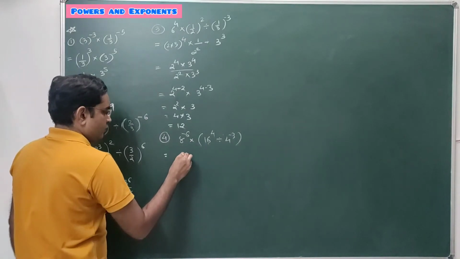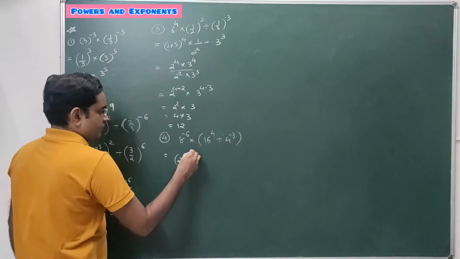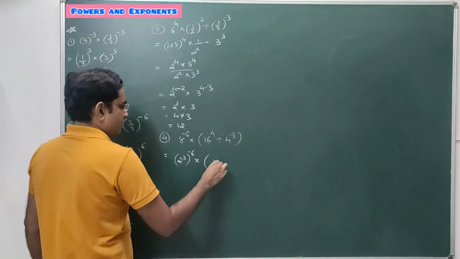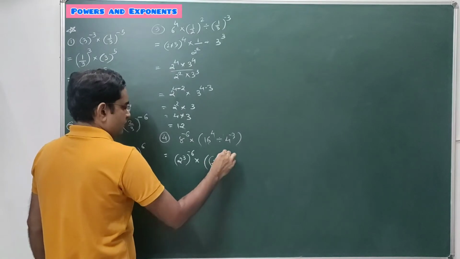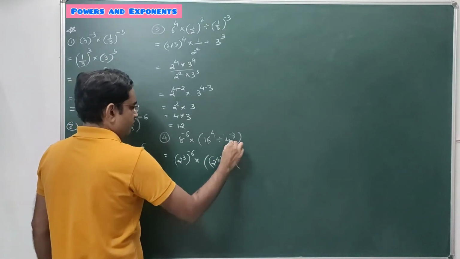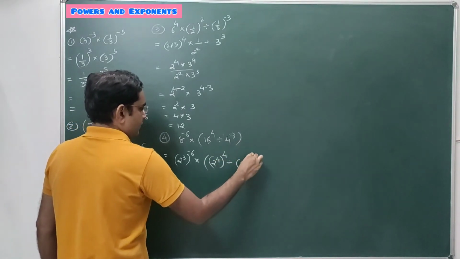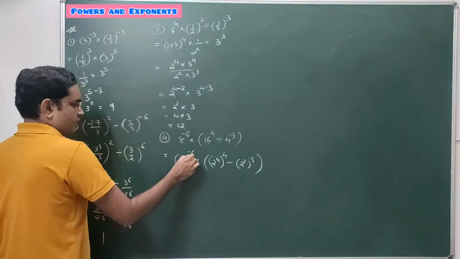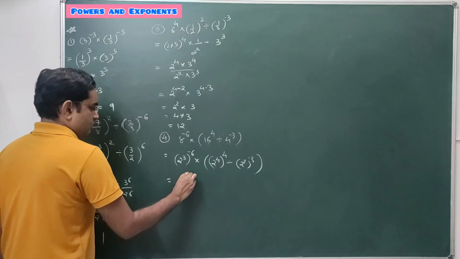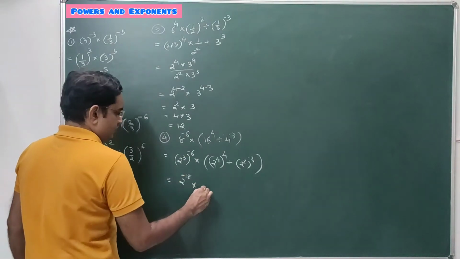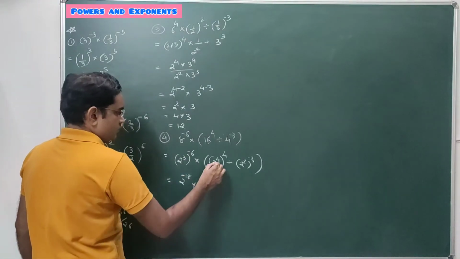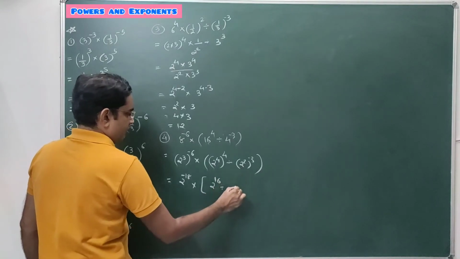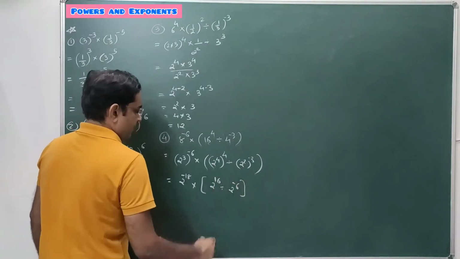So 8 is 2 cube raised to minus 6, multiply by 16 is 2 raised to 4 raised to 4, divided by 4 is 2 square raised to minus 3. So this one is 2 raised to minus 18. This one is 2 raised to 16 divided by this one is 2 raised to minus 6.